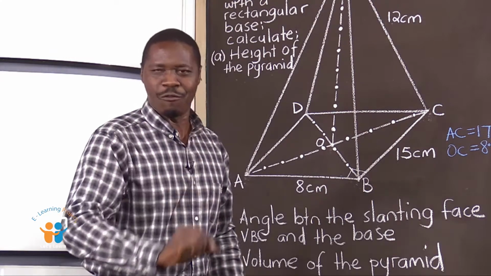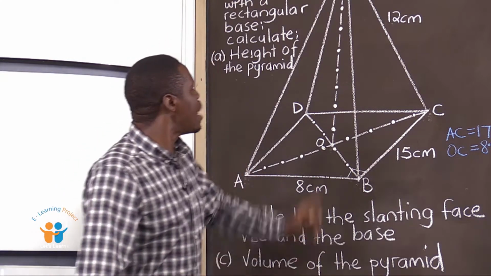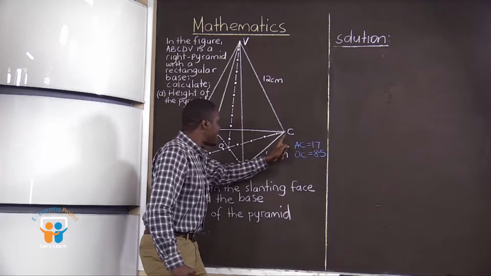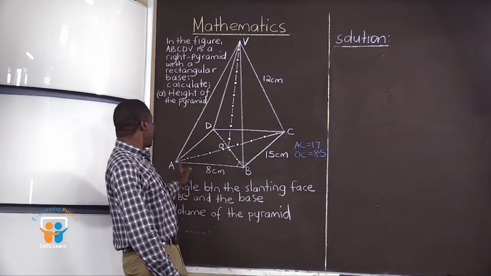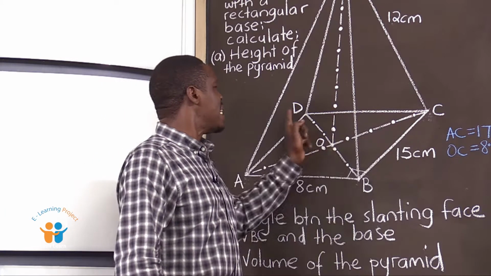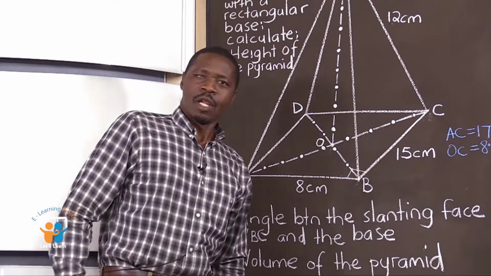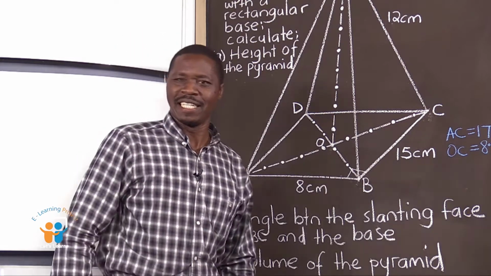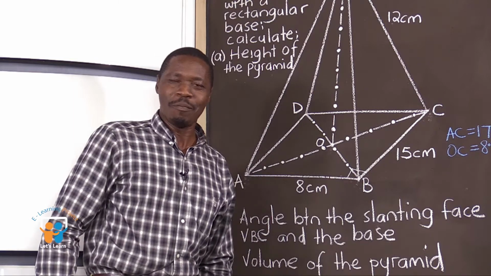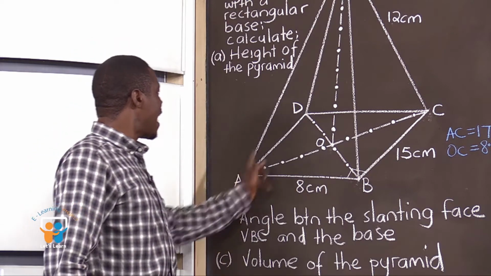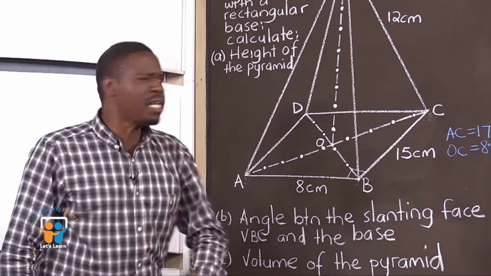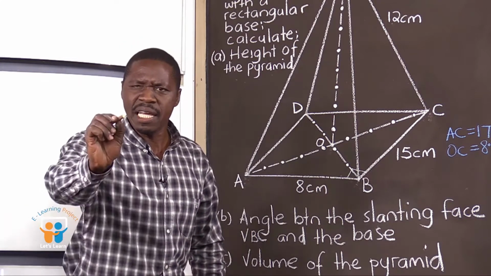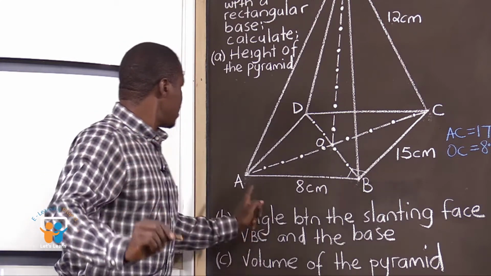Now let me ask you viewers, where does the plane VBC and the plane ABCD meet? One of the viewers from Mbari is telling me on line AD. No, it is not on line AD. Someone is telling me line AB.